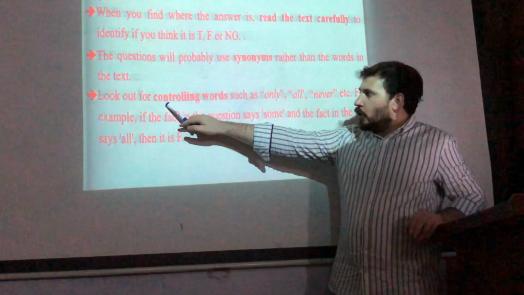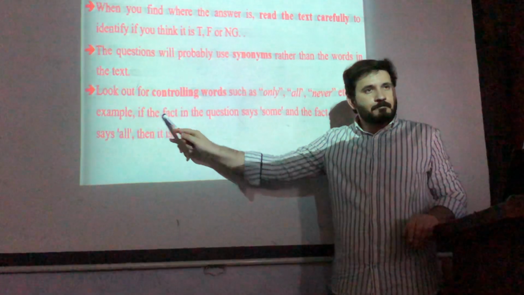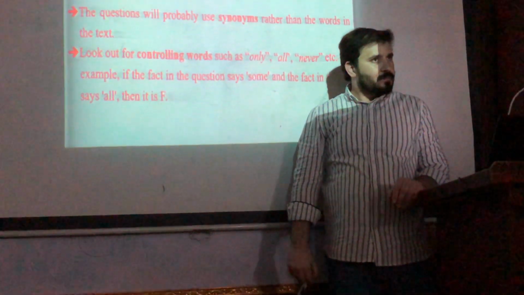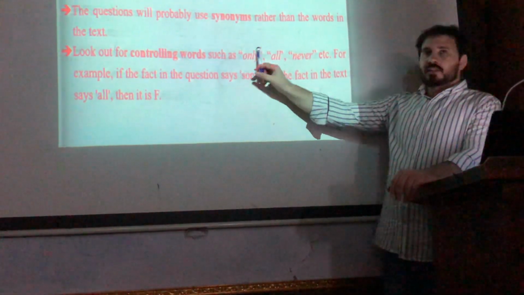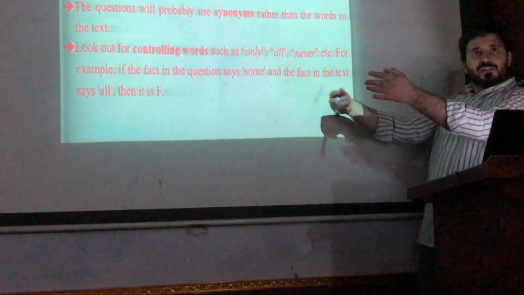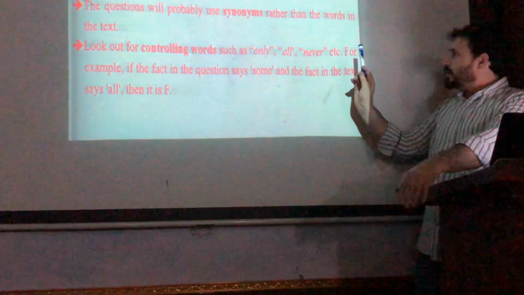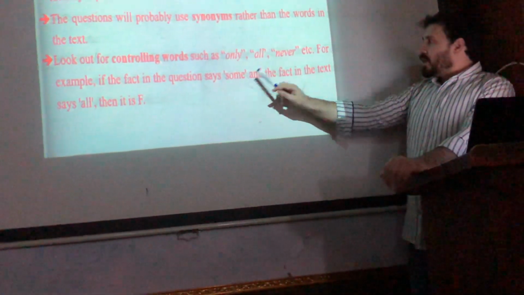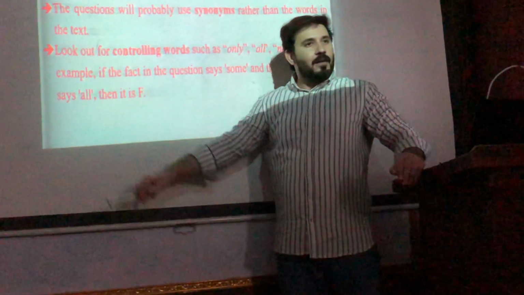Next, look for controlling words. Controlling words, as I told you, are sentence controllers, such as only, all, never; I have given you some examples. Am I right? Clear? For example, if the question says some, and the text says all, what is it?